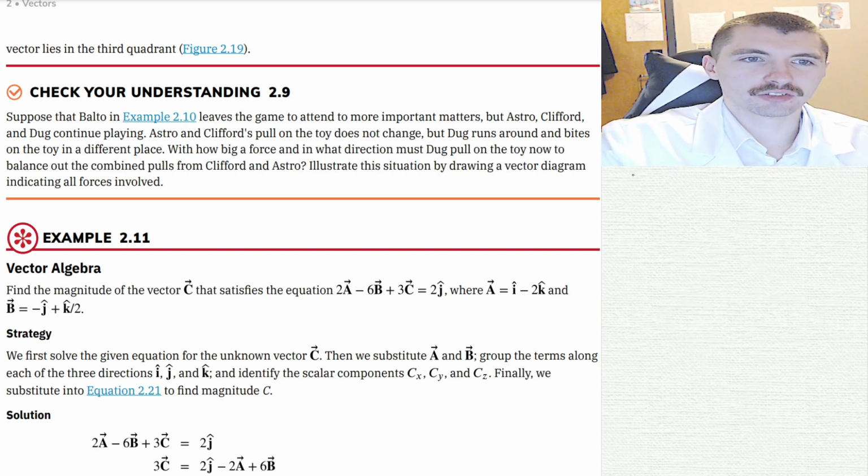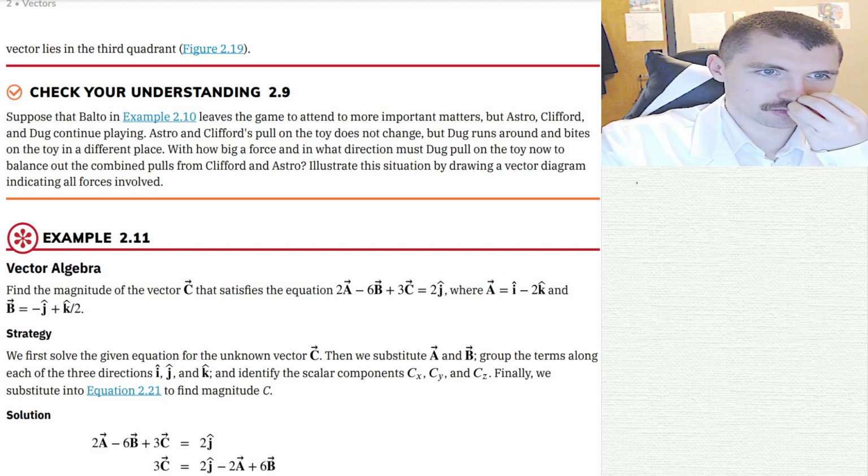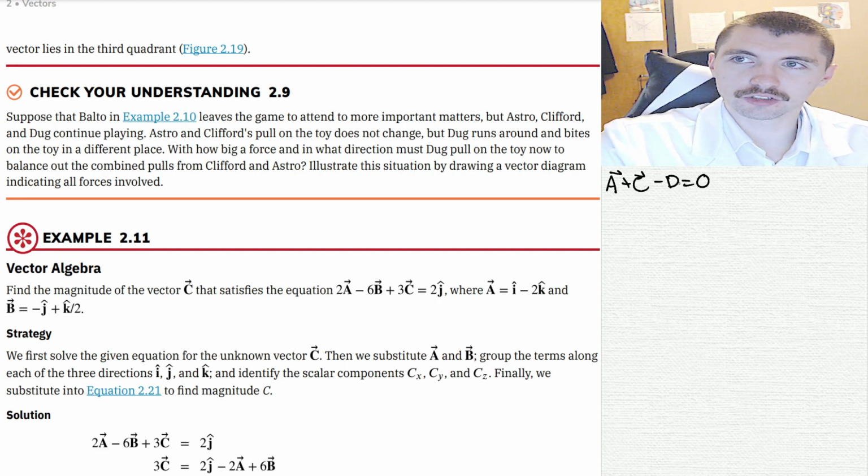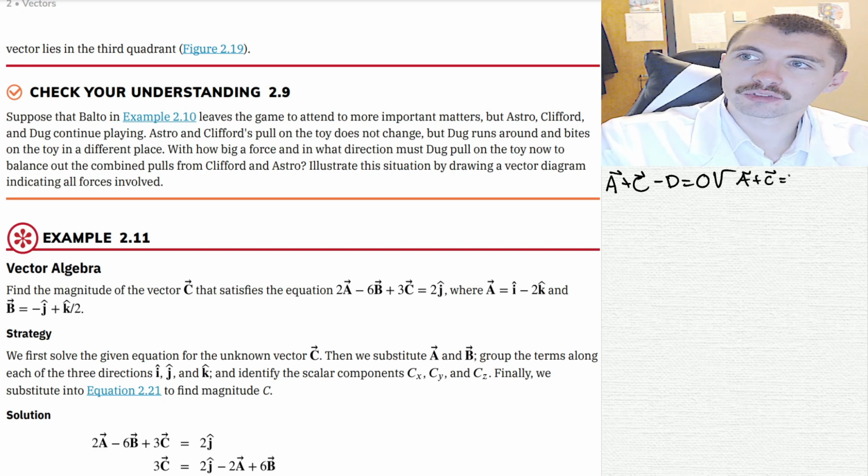Suppose Balto leaves the game to 10 more meters. So okay, we are just doing the same thing, but with, so again, A plus C minus D equals 0, or A plus C equals R and R minus D equals 0.